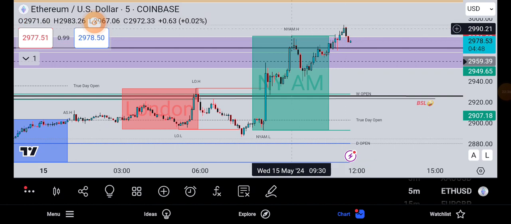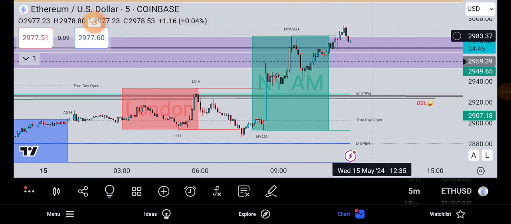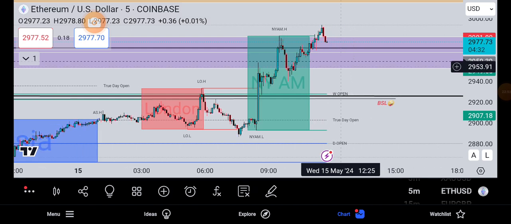Currently what we're seeing is the New York AM session high has been taken, but it's not our kill zone. It's already around 12, which is past the time.